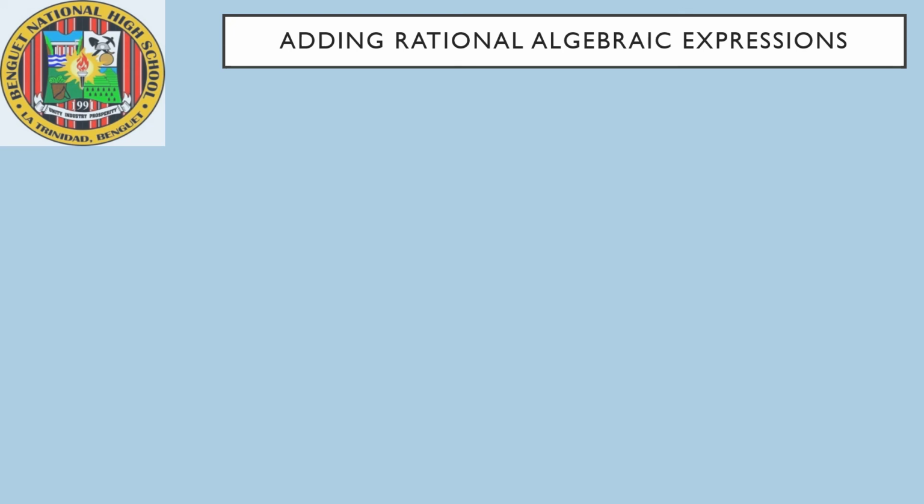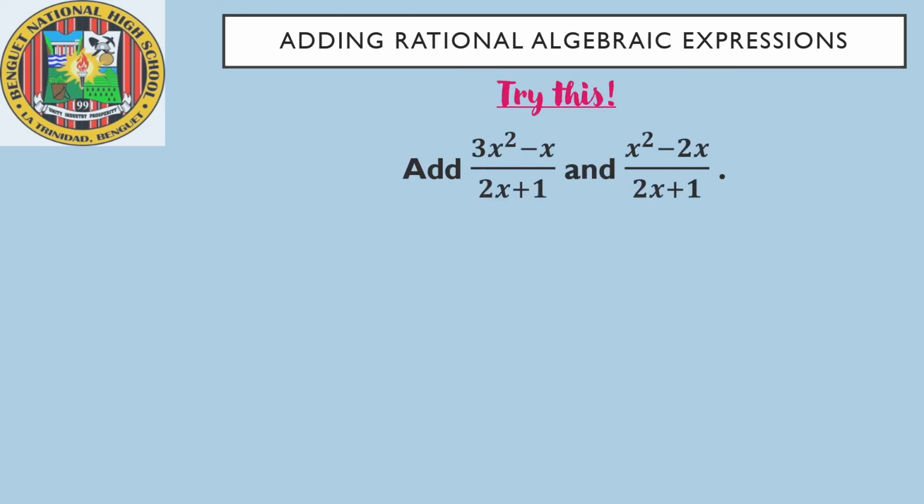Before we end this lesson, try to solve the following problem. Solve for the sum of the RAEs 3x squared minus x over 2x plus 1 and x squared minus 2x over 2x plus 1. Remember to follow carefully the steps we have just discussed.